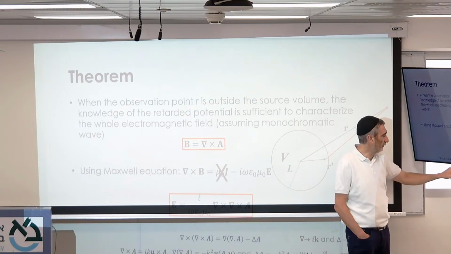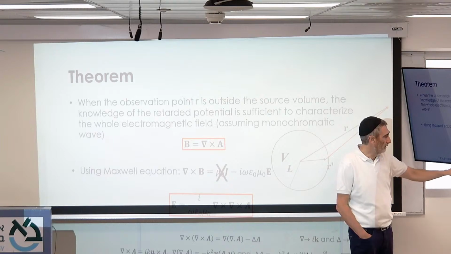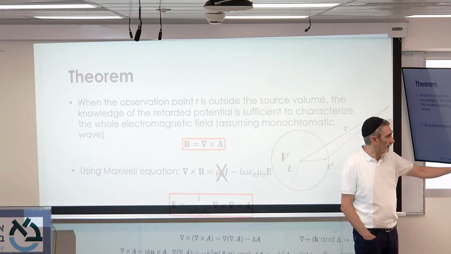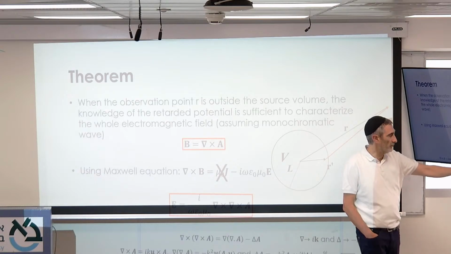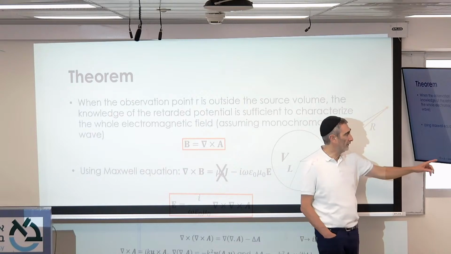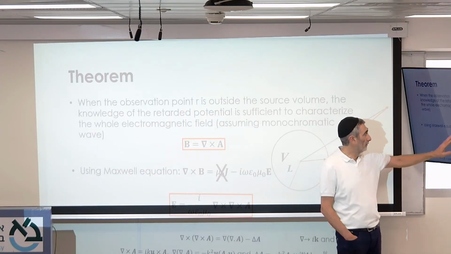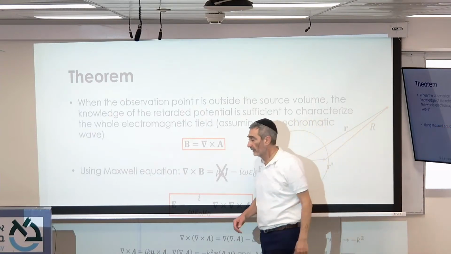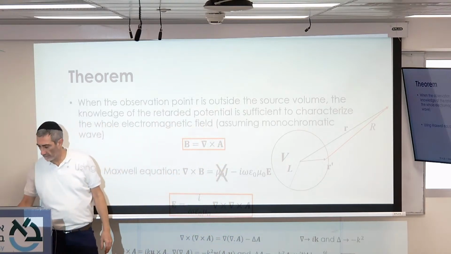This term gives you minus k squared u, that's the first delta. The second delta is u dot A, you reverse the same. And that term here, the Laplacian, is minus k squared A. So you use this term, both from here and there, and you get the following.